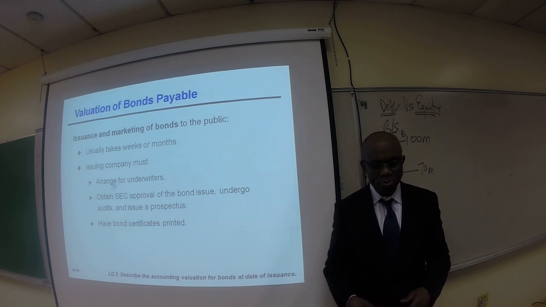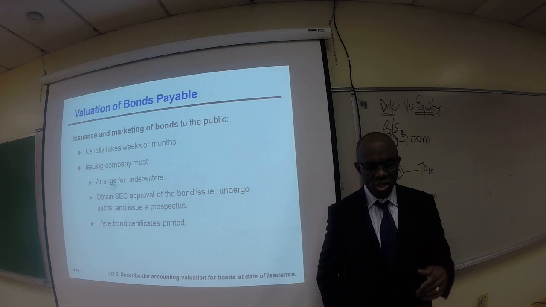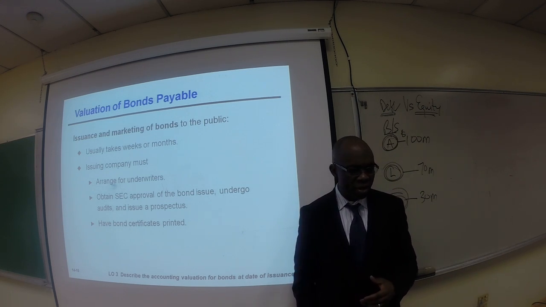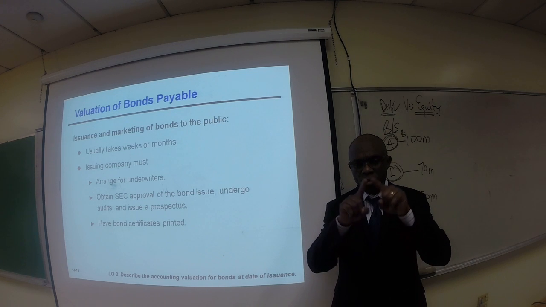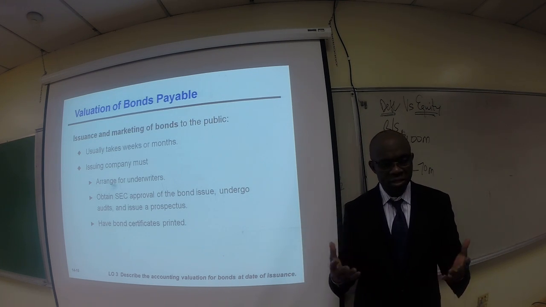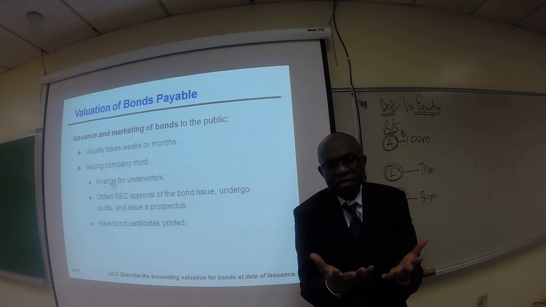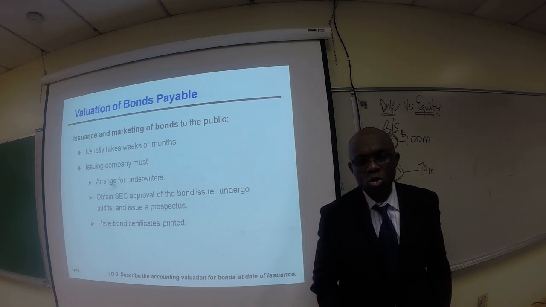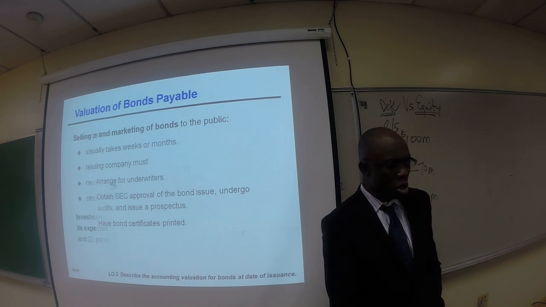Approval has to be obtained from the SEC, the Securities and Exchange Commission, which we talked about in Chapter 13. And we have to have a bond certificate printed. Those are real certificates that look like your diploma. The bond certificate simply is evidence that the company is obligated to the bondholder, the creditor.